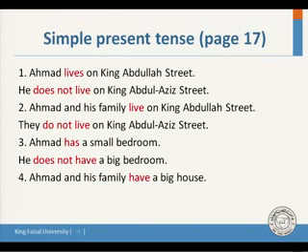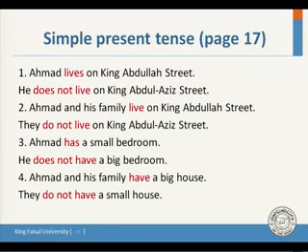And the last example, Ahmad and his family have a big house. No, they do not have a small house. Yes, they have a big house. They do not have a small house. Okay, now again look at the 4 sentences and study the differences between them.